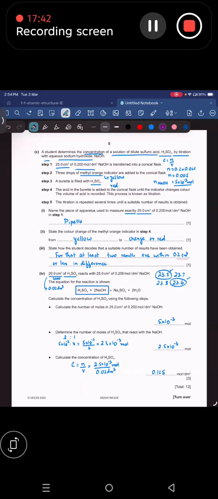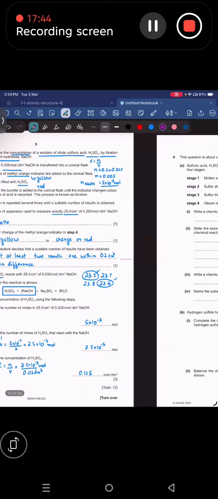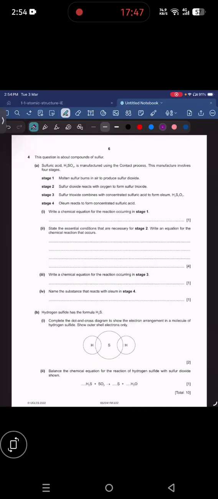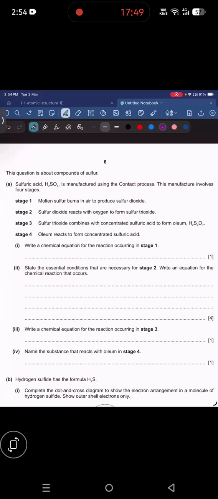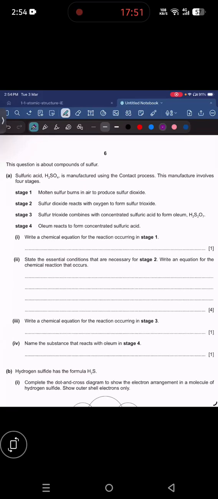Now, question number 4. This question is about a compound of sulfur. Sulfuric acid is manufactured using the contact process. We use the contact process for the manufacturing of sulfuric acid. The manufacture involves four stages. Molten sulfur burns in air to produce sulfur dioxide.